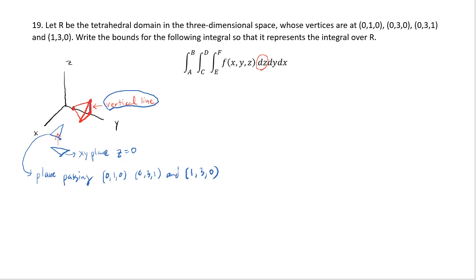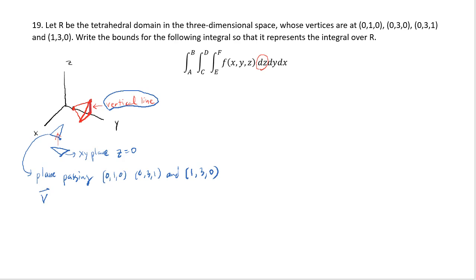Now, in that case, I need to find 2 vectors and do a cross product to know the normal vector. Yeah, this is a long question. All right, so let's find one vector.